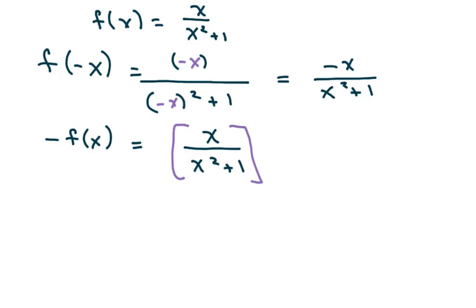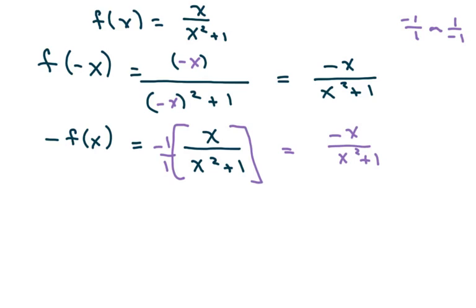We're going to negate it, which means we're negating either the numerator or the denominator, because recall, the negative is either going to be negative 1 over 1, or 1 over negative 1. In this case, I'm going to do negative 1 over 1, and that gives me negative x over x squared plus 1. So that's one possibility.